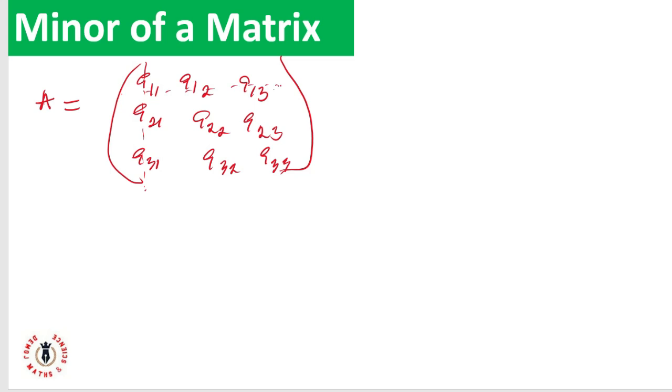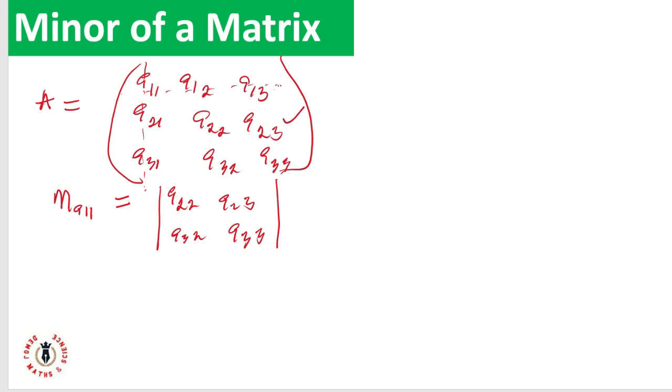Then I'll be left with A22, A23, A32, and A33. So the minor of A11 will be the determinant of A22, A23, A32, A33.